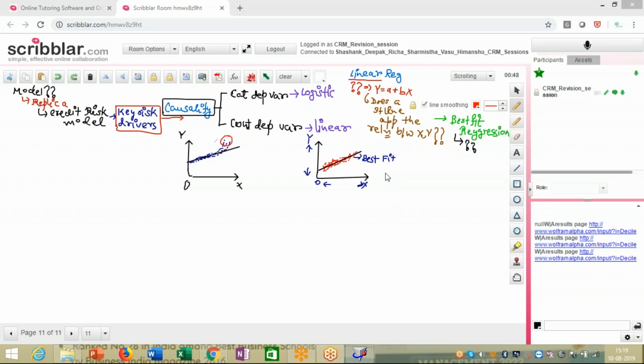Okay, so the first assumption that I get is heteroscedasticity. Okay, so should there be heteroscedasticity or no heteroscedasticity? So no multicollinearity, no autocorrelation. Ideally there should be no heteroscedasticity. There should be homoscedasticity.